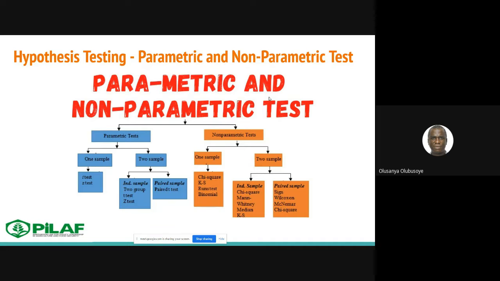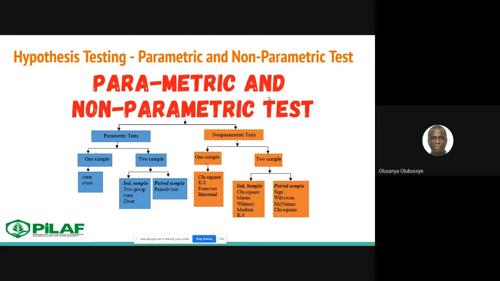So the common tests in that category are the t-test and the z-test. Of course, you will have heard about chi-square test, but I won't talk about it because they also have the underlying assumption of a normal distribution.